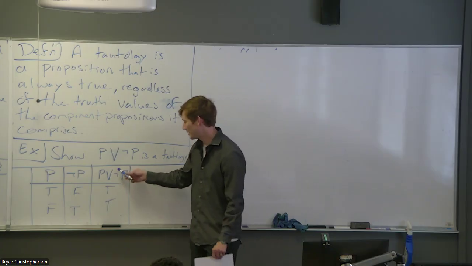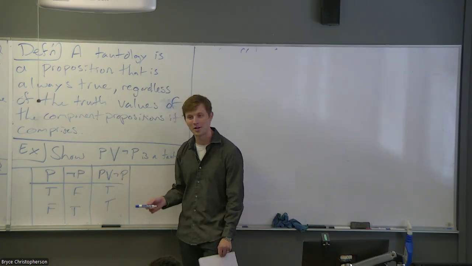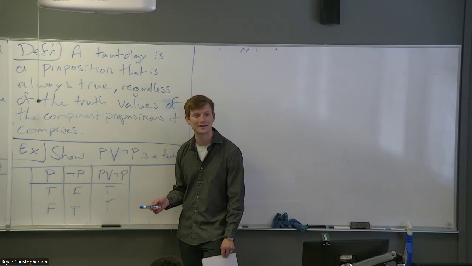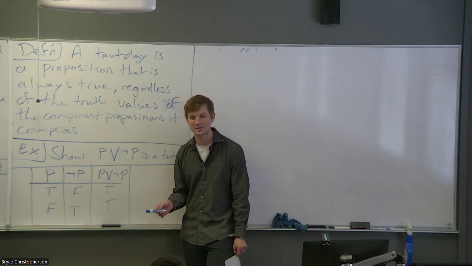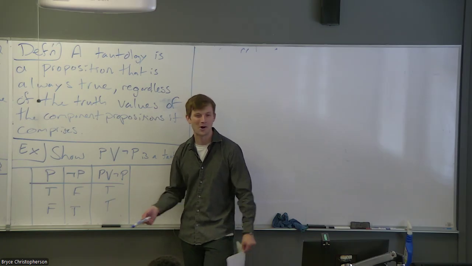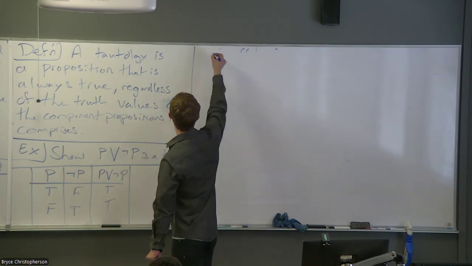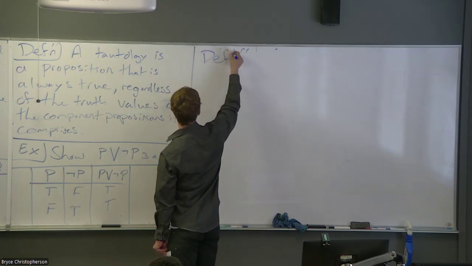Tautologies are situations where the corresponding column in the truth table only has T's in it. Can you imagine what a contradiction might be? All false, right? Exactly, exactly. Definition.